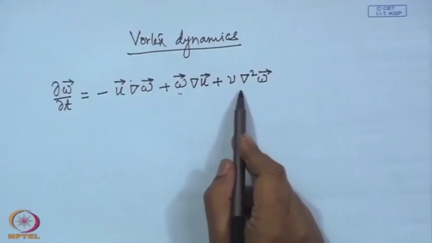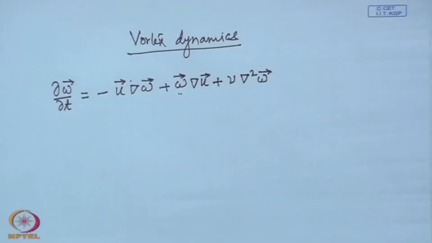But perhaps that itself is not sufficient to answer how the vorticity comes in the first place in the interior of a fluid which is moving uniformly. When the fluid is moving uniformly, there is no vorticity. Now, this viscous diffusive action can spread vorticity once it is there, so it still does not answer how it comes.